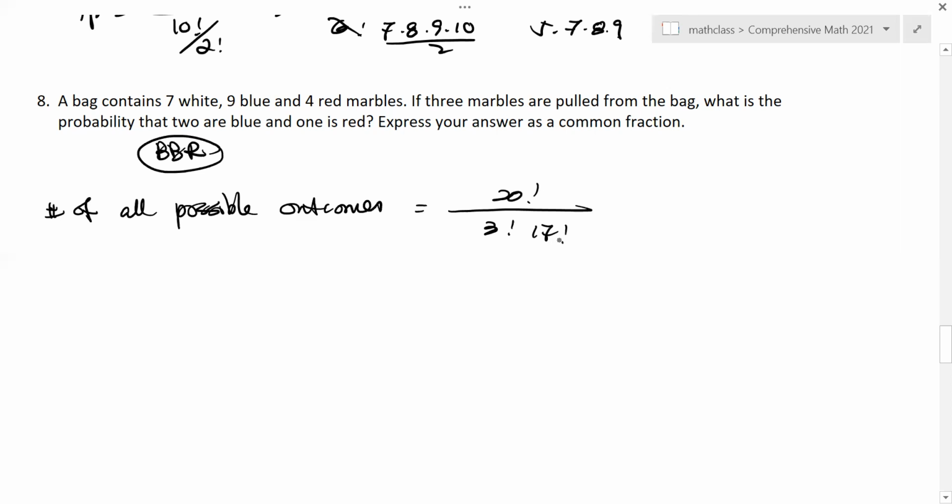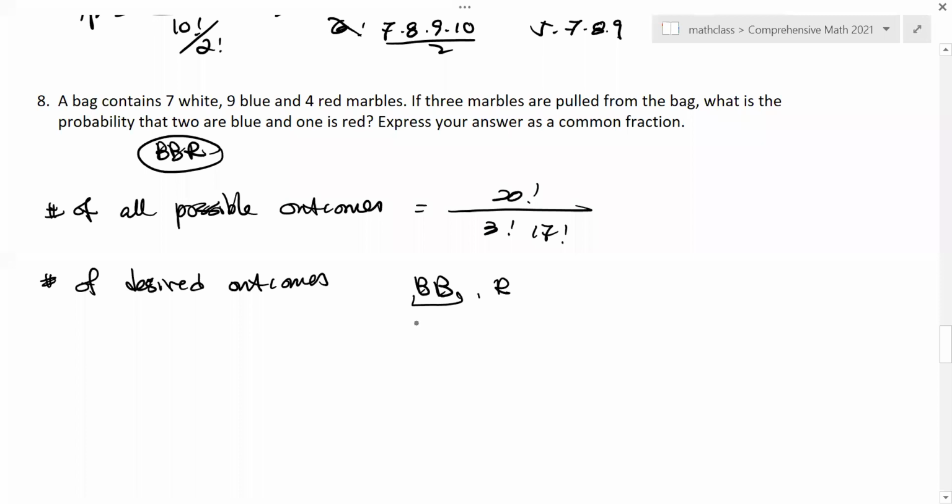Then, in order to get these outcomes, you figure out the number of desired outcomes. You want to pick up 2 blue ones and 1 red one, right?